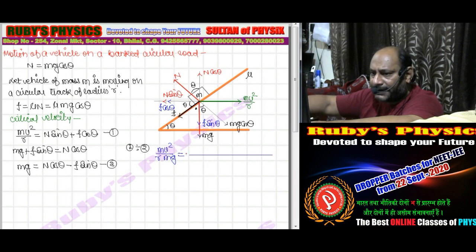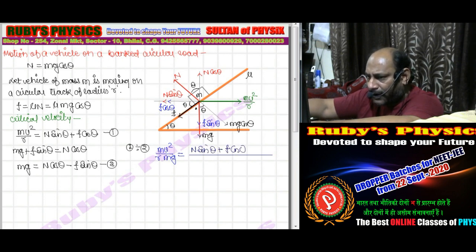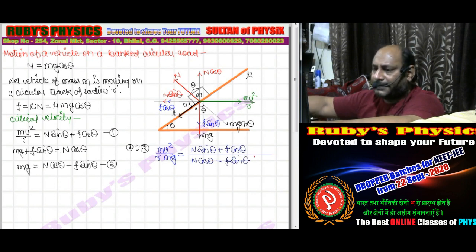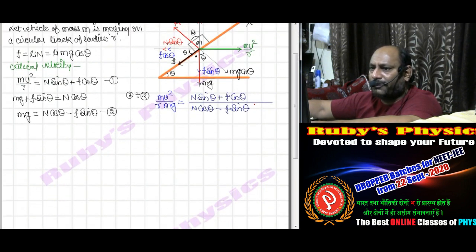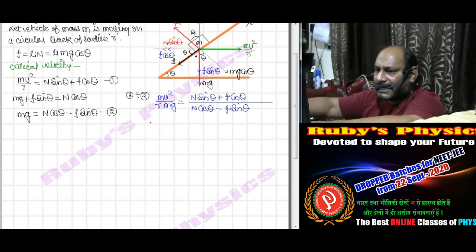Can I write the numerator mv square by r was N sin theta plus f cos theta, and in the denominator, can I write it is N cos theta minus f sin theta. Clear? Now simply we have to solve it by putting the value of N and f in this expression.